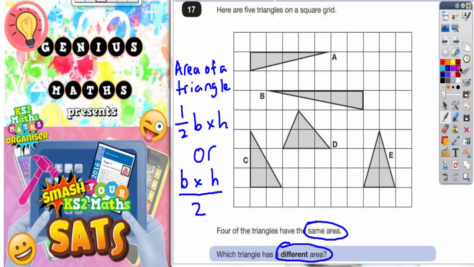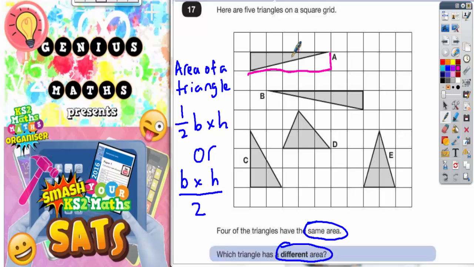Now the reason why they work, particularly base times height divided by 2, is that if you turn this triangle into a rectangle, you can see that the grey triangle is actually half of the rectangle.